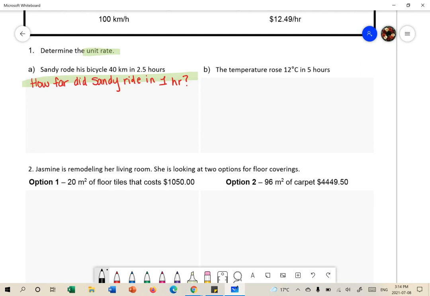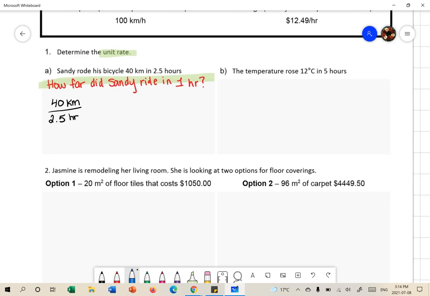We're going to take the number of kilometers and then divide it by time. One thing to note here is that your time is always in your denominator. So it's not going to be 2.5 divided by 40. It's going to be 40 divided by 2.5 because time has to be in the denominator.